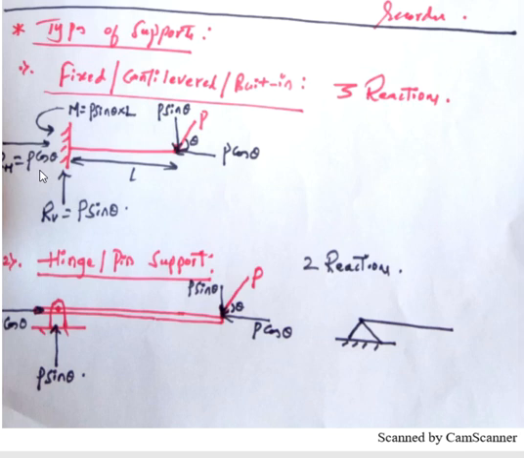One is horizontal reaction, one is vertical reaction, and the other is bending moment. So there are three reactions for a cantilever beam.